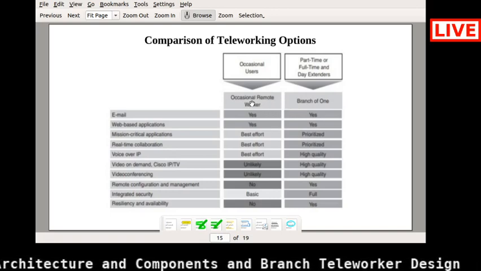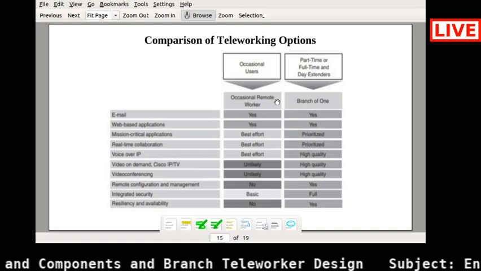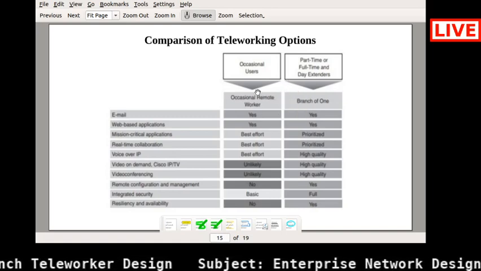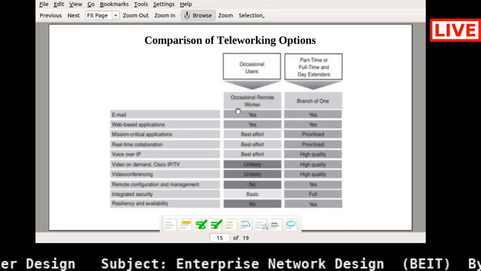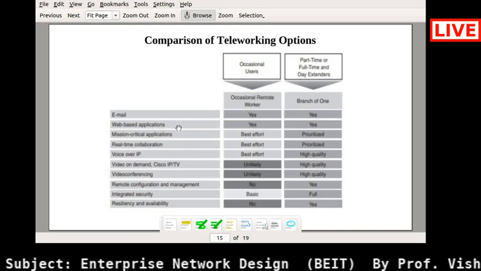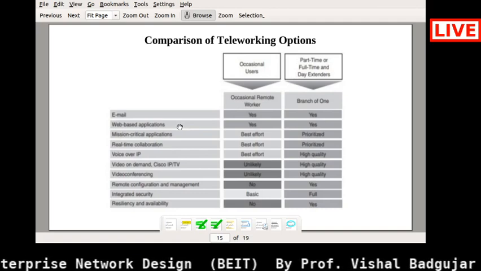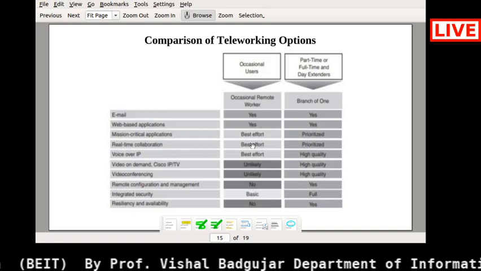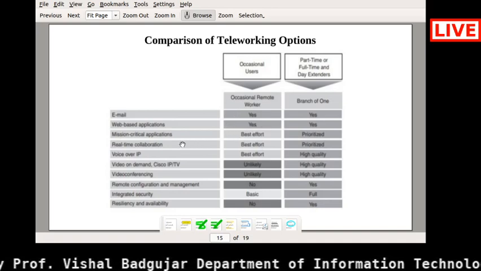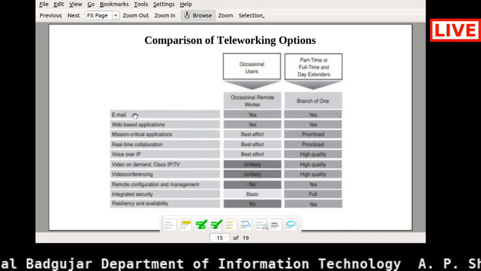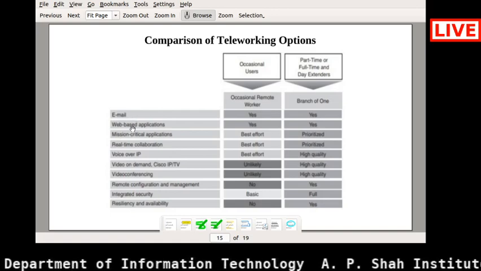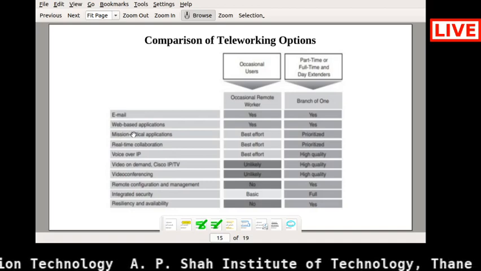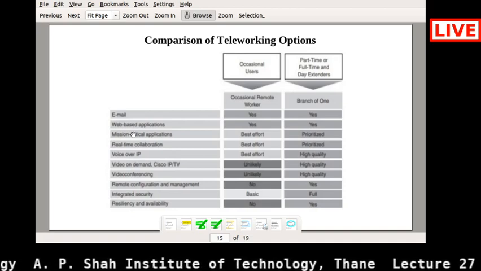So there is a differentiation between those who are doing some kind of remote work daily, and those who are doing it occasionally. Depending upon the applications and depending upon their services, we are comparing all these users. For example, here you see email and web-based applications, so how are you going to give access to all these teleworkers?